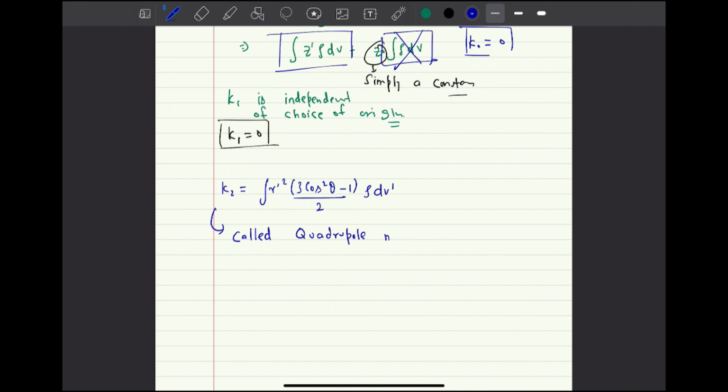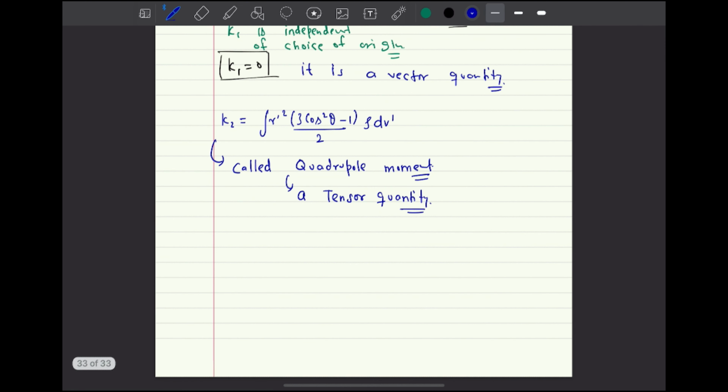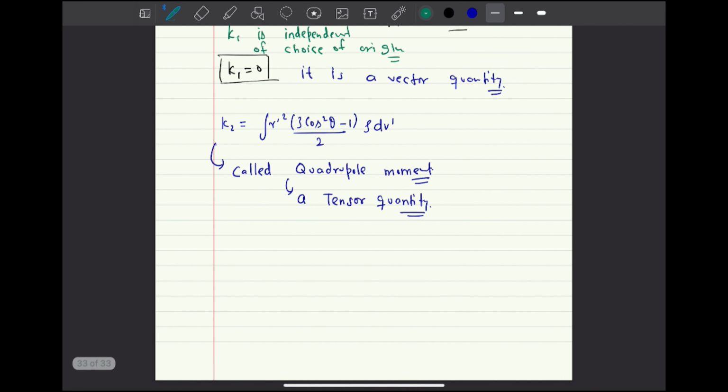This quadrupole moment is a tensor quantity, and also our K1 was a vector quantity. And let us talk about how potential and fields vary due to these moments.